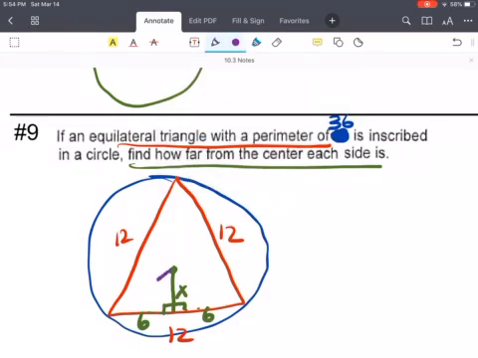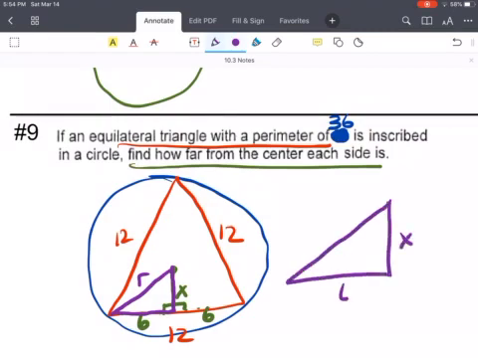If I draw in the radius, it will create a right triangle. Now in this case, I only have one side, but I only need one side for that triangle, because all of the angles in an equilateral triangle must equal 60 degrees, which means when I draw in that radius in there, it will cut it in half to 30.